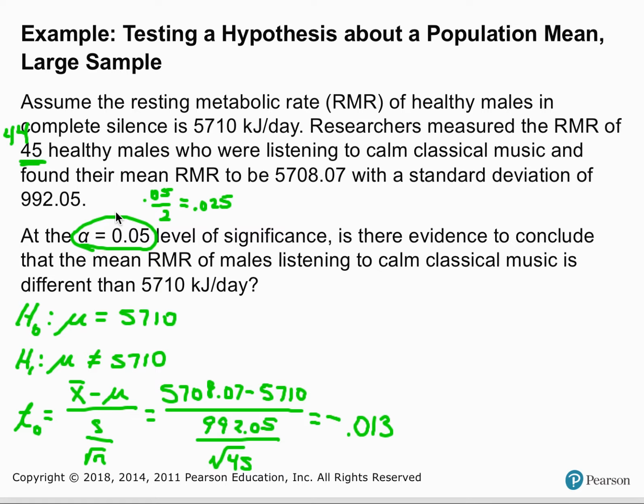We're going to go to the nearest one. So 40, and I'm going to go over until I find the column 0.025, and I see that the value for 0.025 is 2.021.